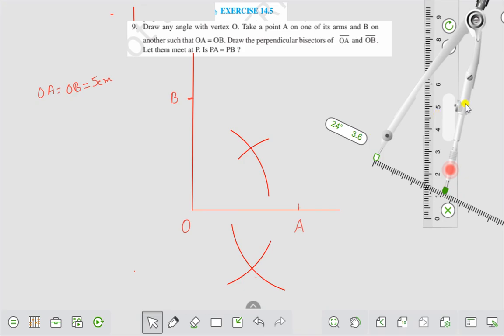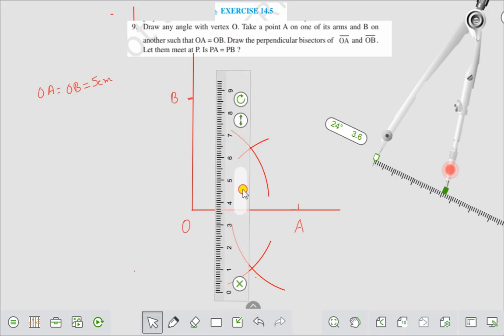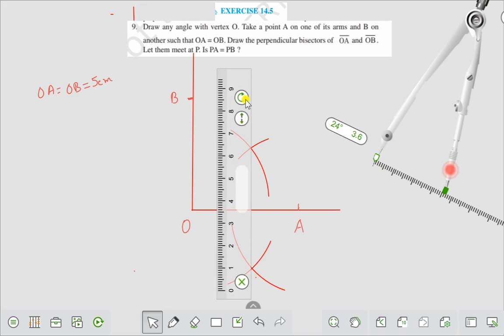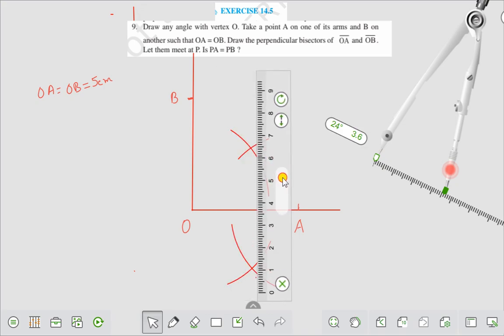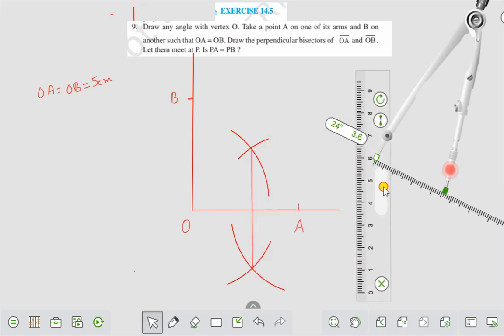Here, draw the line of the perpendicular bisector, right? We've done the perpendicular bisector here. This is the perpendicular bisector.